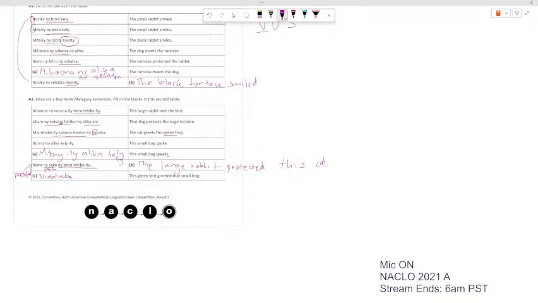And the bird is verona. And then it'll be surrounded by ity, right? Ity verona. Verona maitso. Ity verona maitso greeted that small frog.